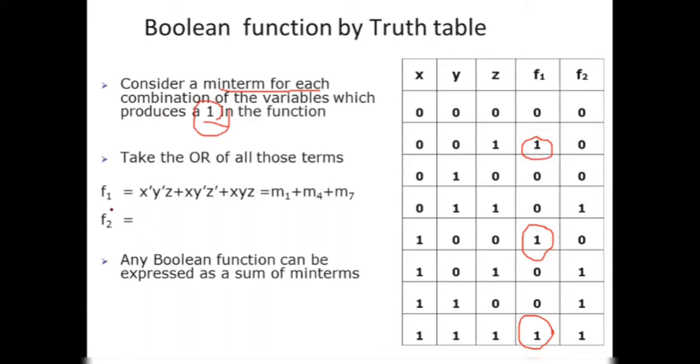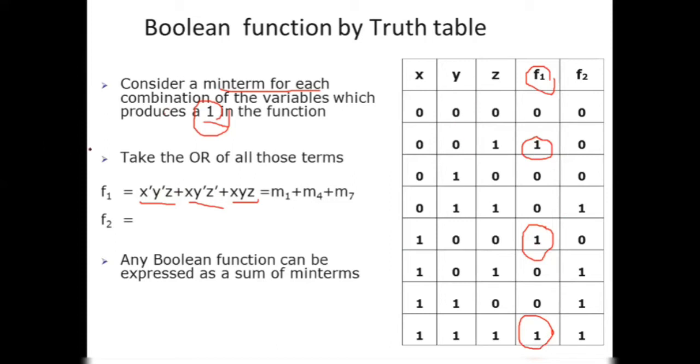So as F1, you have to consider all these terms when you are writing F1. F1 equals the addition, or the OR, of these three terms. So that's what is being done here.